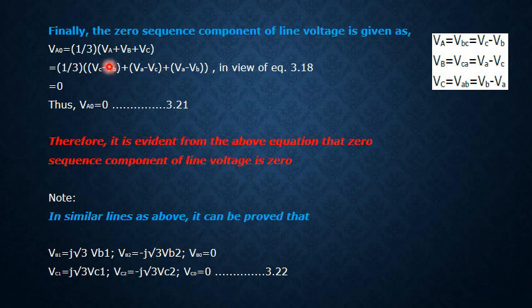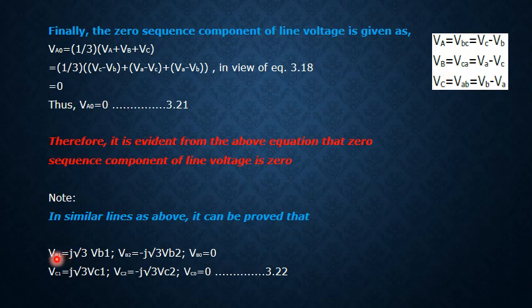Okay, so if you simplify it further, all the terms will get cancelled, so the zero sequence line voltage will be equal to what? 0. So thus the zero sequence line voltage is equal to 0.